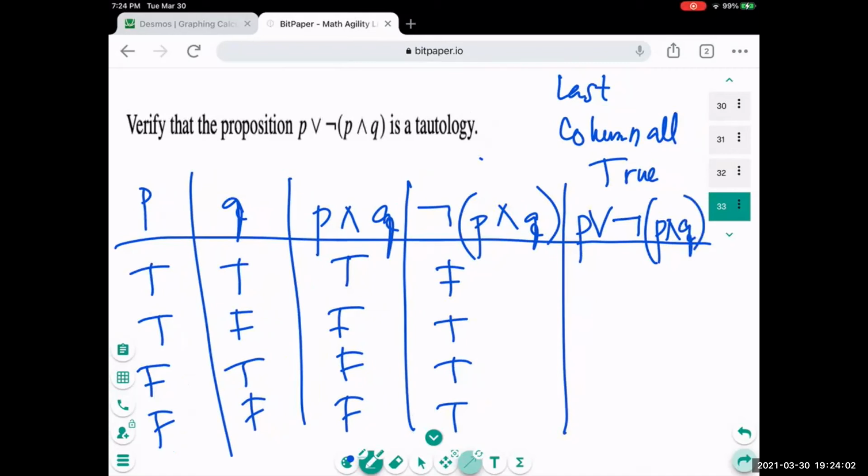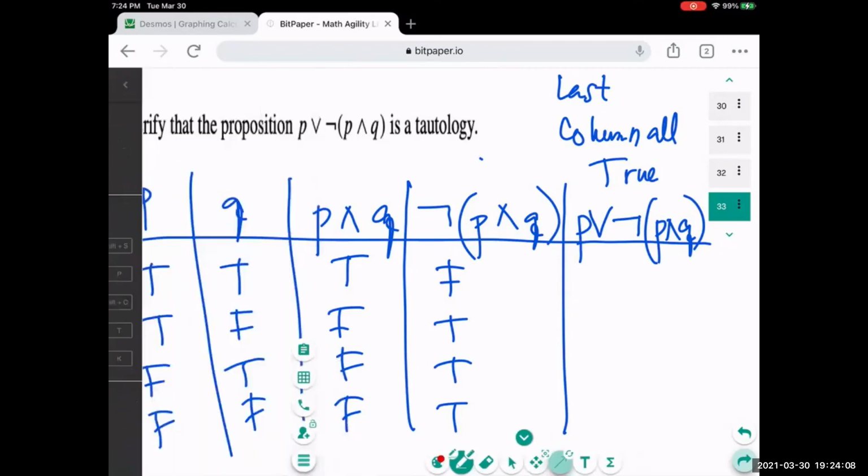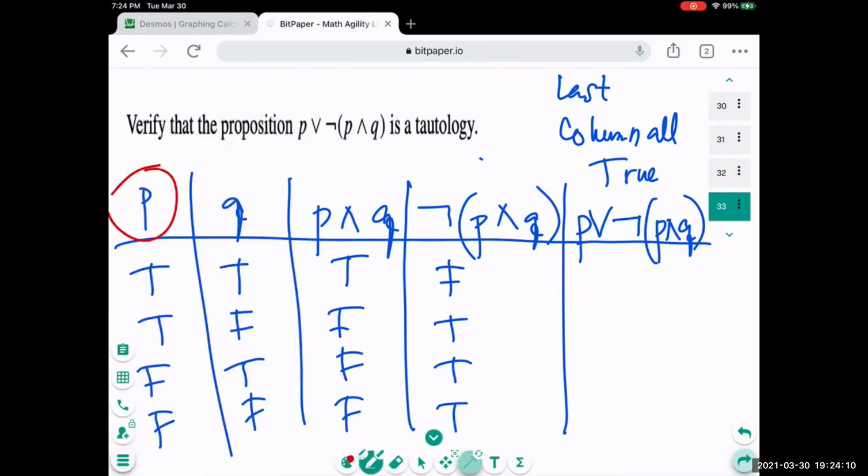So, i-combine lang natin yung nasa column 1. So, ibahin natin yung color natin. So, itong column 1 at itong column 4, right? So, parang nag-a-add tayo or kinukuha natin yung OR.